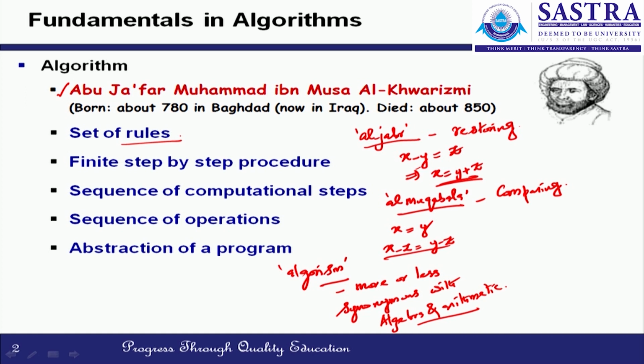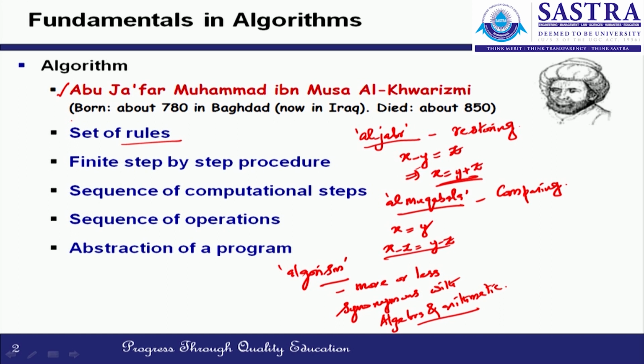Given the set of rules which are going to be executed manually, or the rules are going to be executed using a machine, so that we can achieve the desired result. So the set of rules which are used to achieve a desired result with the help of manual calculations or by using a systematic approach is said to be the term algorithm.